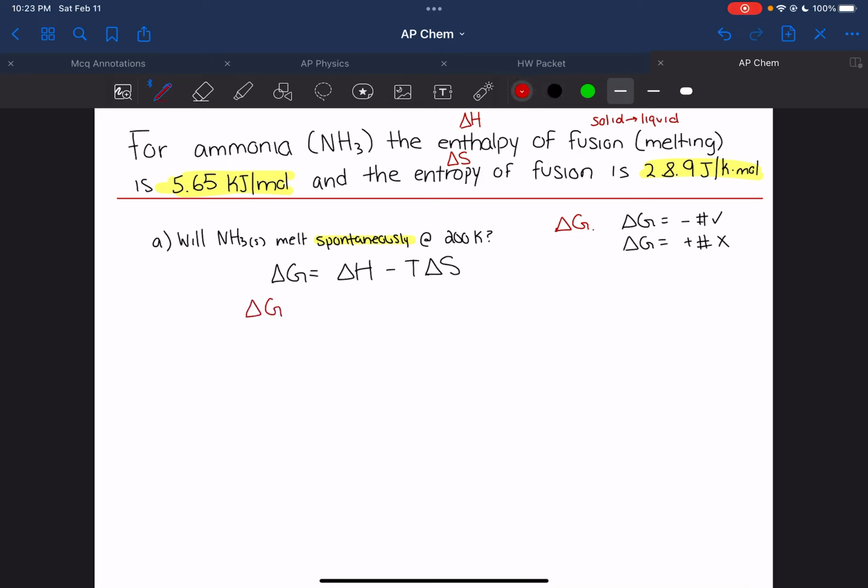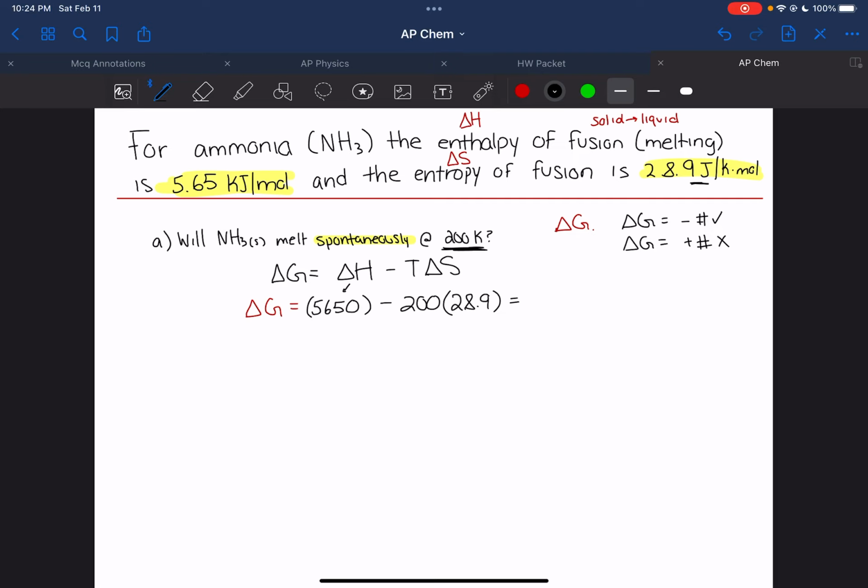So delta G equals, they give us our enthalpy of fusion, which is 5.65. Oh, well, this is in kilojoules. Instead of putting it in kilojoules, we're going to multiply by 1,000. So instead of 5.65, it's 5,650, minus the temperature, which is given at 200 degrees Kelvin, and it has to be in Kelvin, times the 28.9, which we don't change because it's already in joules.